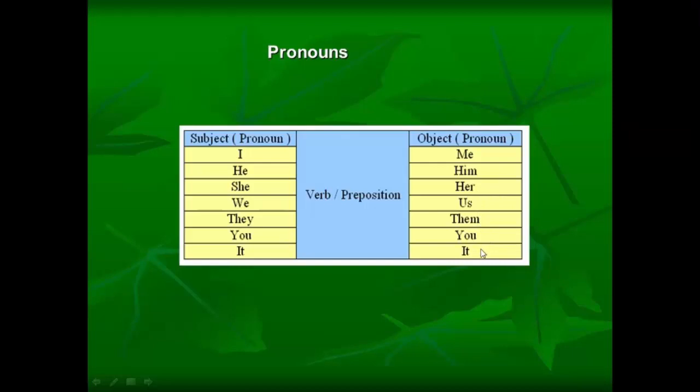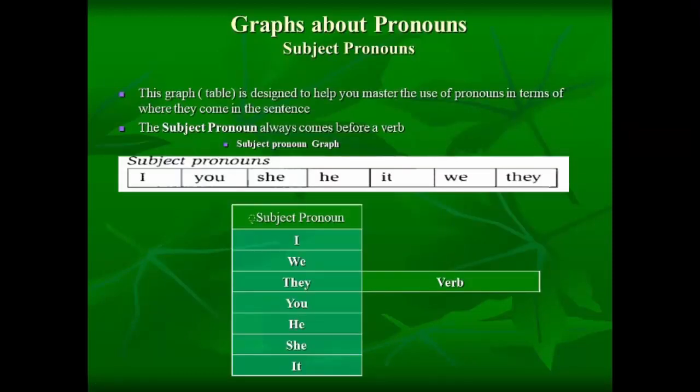Okay? So for example, instead of bring something to me and Jessica, I could say bring it to us. Okay? I hope you get the idea. So this graph is designed to help you master the use of pronouns in terms of where they come in the sentence.